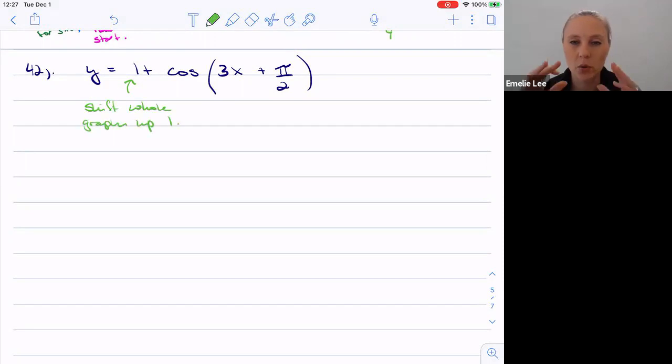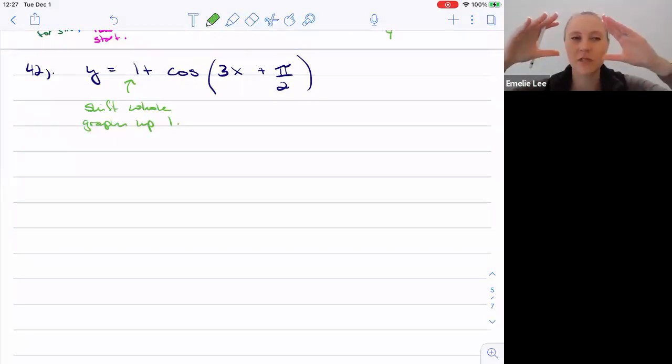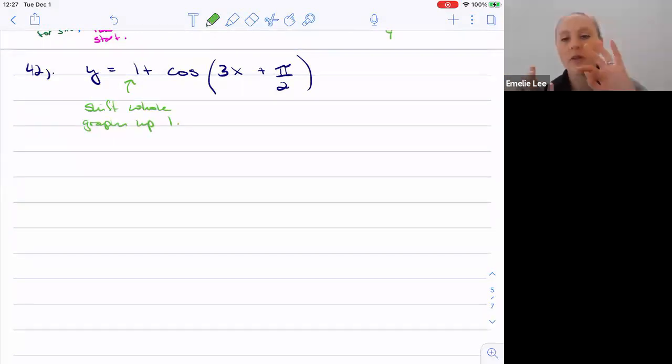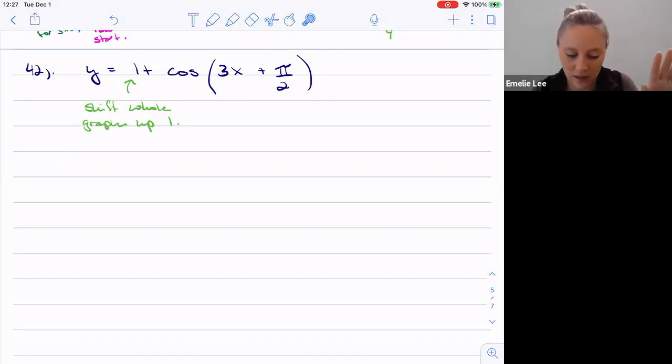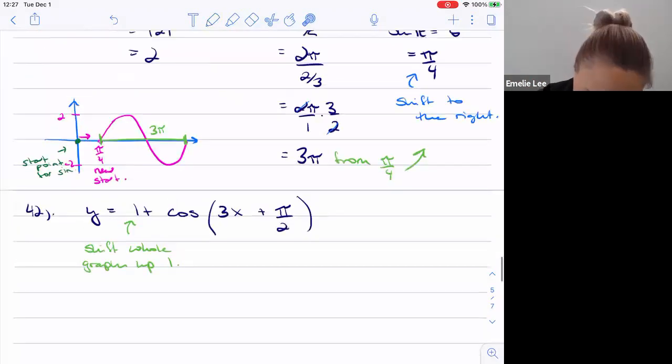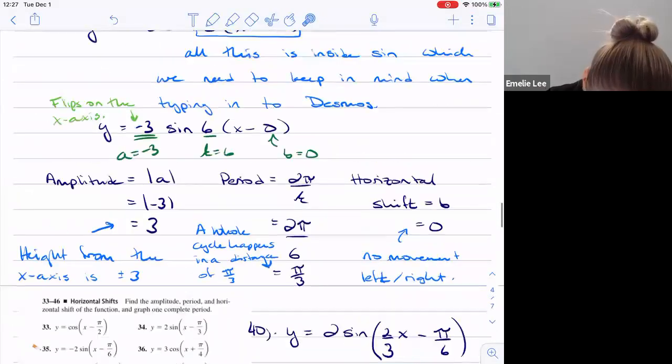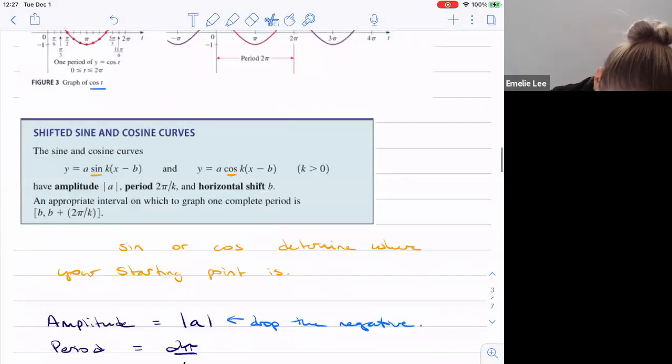Okay, so the whole graph of cosine is going to get shifted up 1, but first we're going to figure out what the amplitude and the period and the horizontal shift is. So I'm going to ignore the 1 plus for a second, and I'm just going to work on this cosine. Okay, so I need it to look like this one.